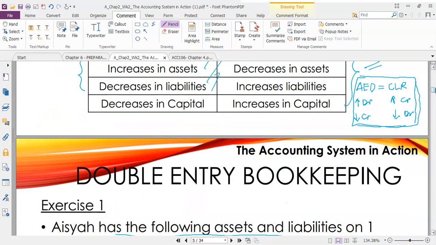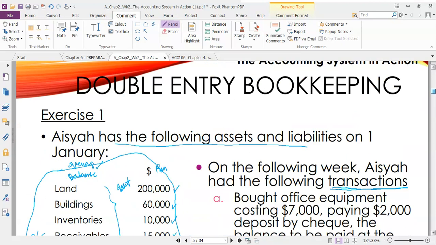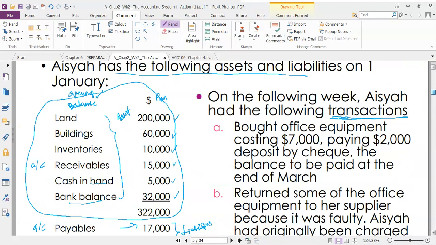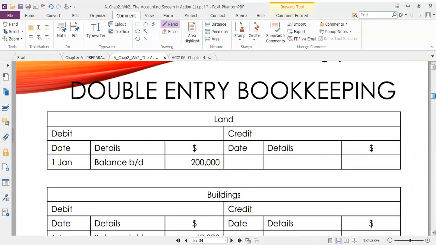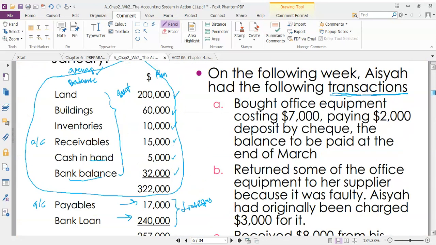Okay, so let's look at how we are going to do transaction A. Look at the keywords for A. Bought office equipment. Okay, they bought office equipment.